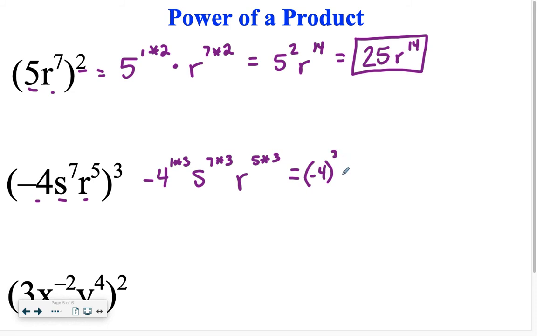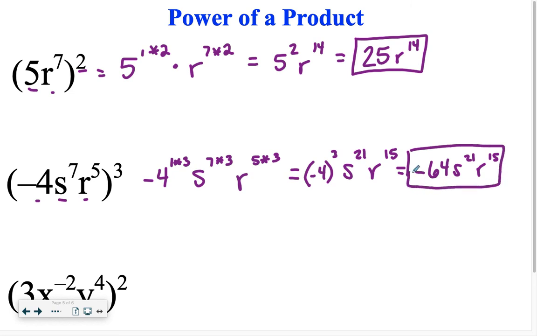So -4 raised to the 3rd power, and then s raised to the 21st power, and then r raised to the 15th power. So we have -4 raised to the 3rd power, that's -64. So I'm going to say -64, s to the 21st, r to the 15th. And that is my final answer.